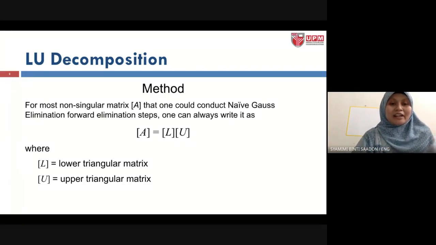After we find the new matrices L and U, we then solve normally using the usual Gauss elimination.